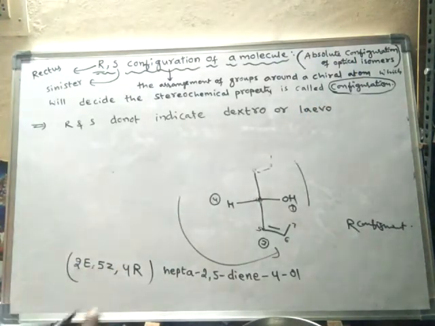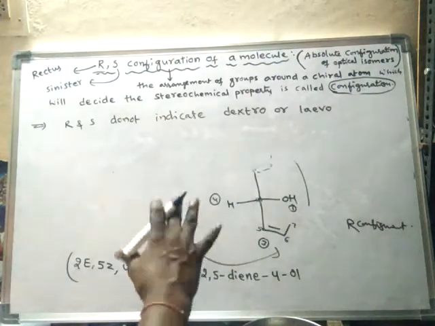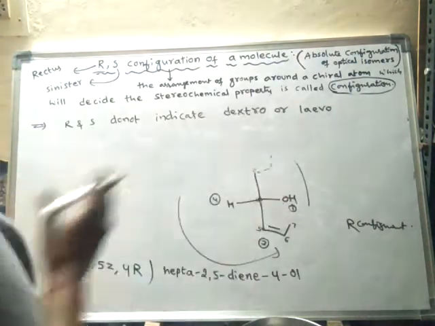R and S are optical isomers to each other, enantiomers, but they do not indicate dextro or levo.